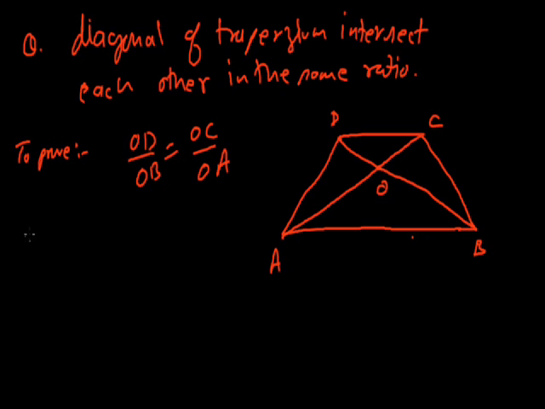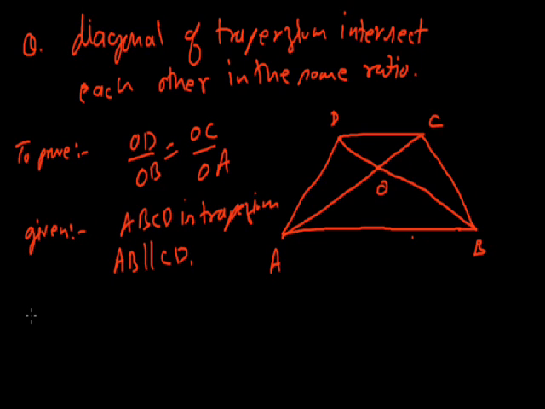Now, what we have given here, we have given ABCD is a trapezium in which AB is parallel to CD. Now to prove this, we have to do one construction. From this point O, I have to draw a line which is parallel to AB. Let's say this line cuts the AD at G. Now draw OG parallel to AB.